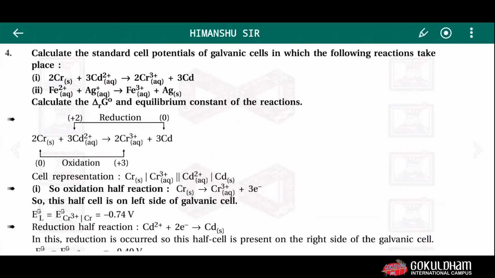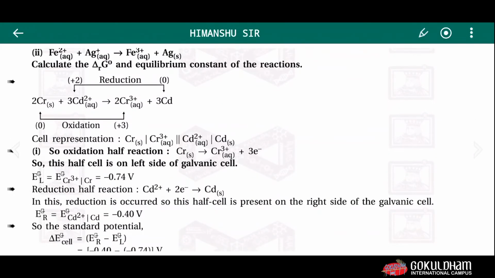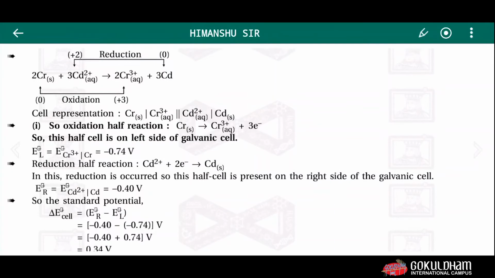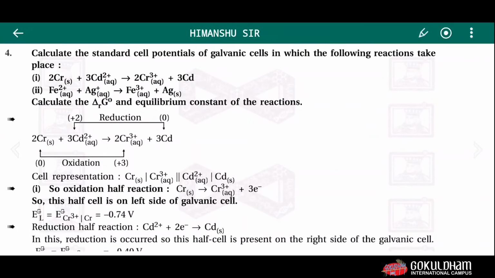First is chromium. The electrode potential of chromium is minus 0.74 volt, and cadmium has an electrode potential of minus 0.40 volt. From the reaction we can see that chromium acts as the anode and cadmium acts as the cathode.